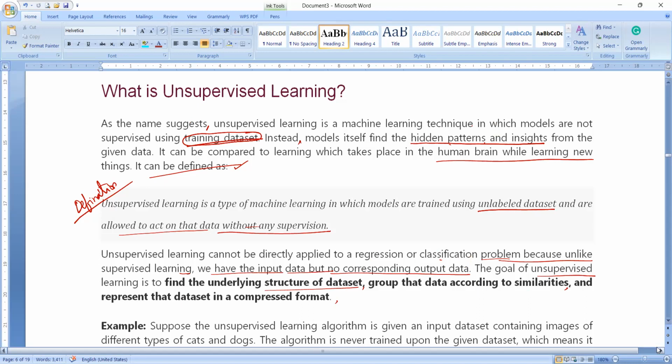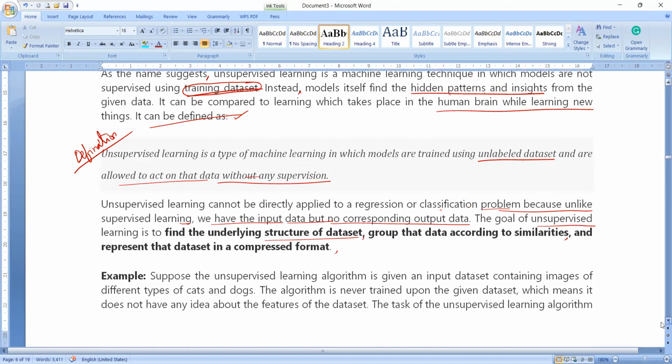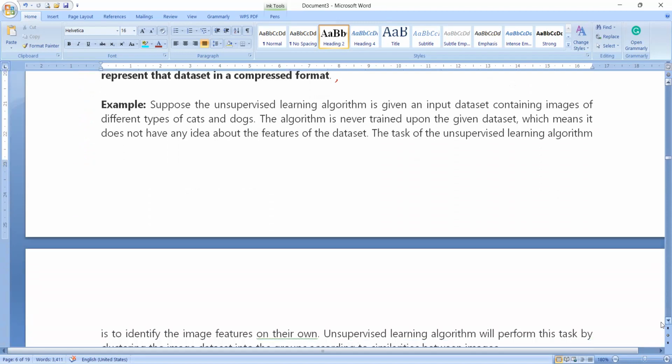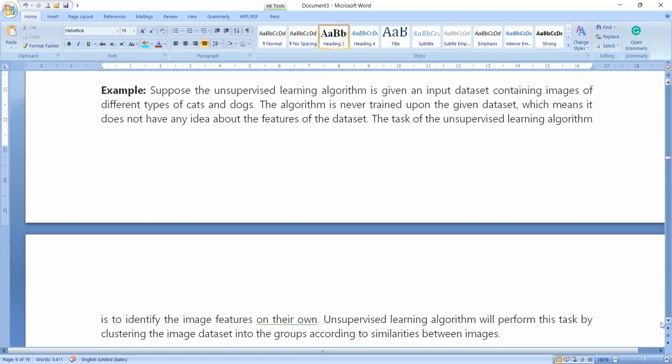Suppose, as an unsupervised learning example, an algorithm is given an input data set containing images of different types of cats and dogs. The algorithm is never trained upon the given data set, which means it does not have any idea about the features of the data set. The task of unsupervised learning is to identify the image features on its own.